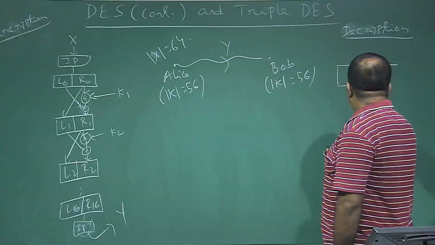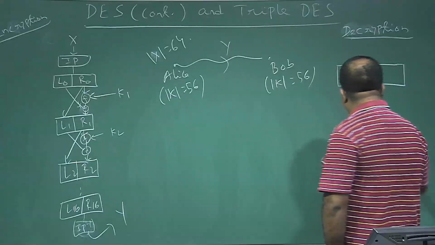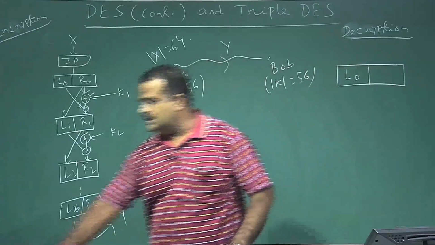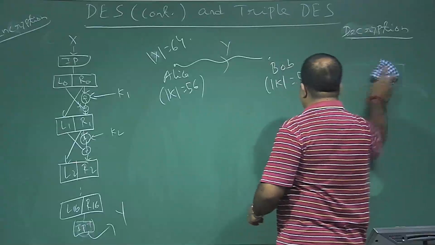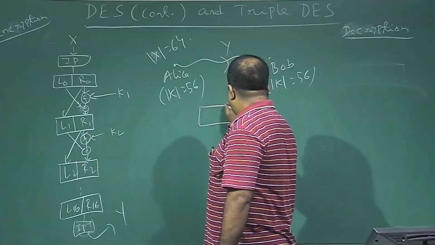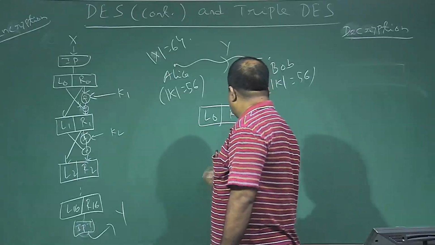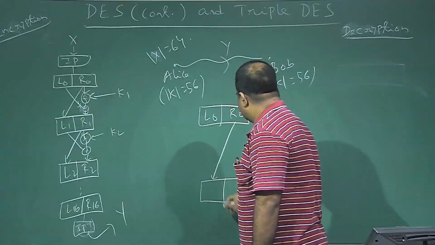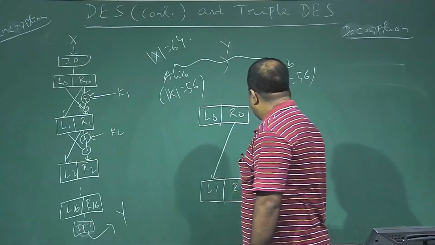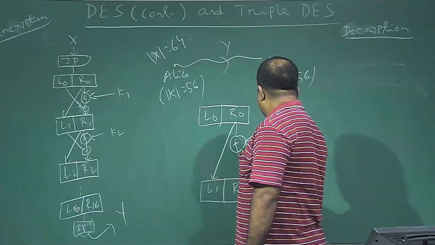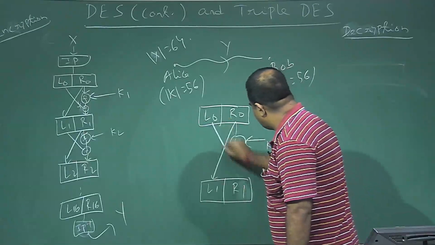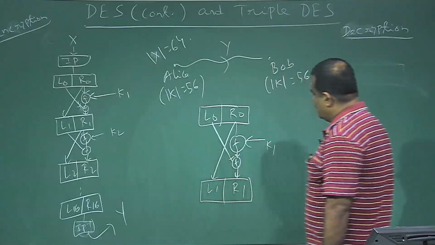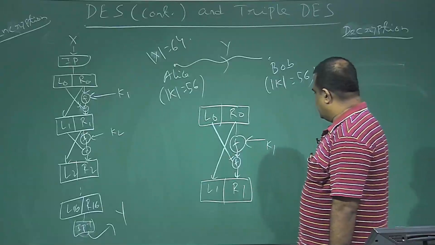Suppose we have a one round DES, which is basically a Feistel cipher. We have L0 R0 and the output L1 R1, and this is F. This is K1 for the first round, and we have XORing, and this is R1.